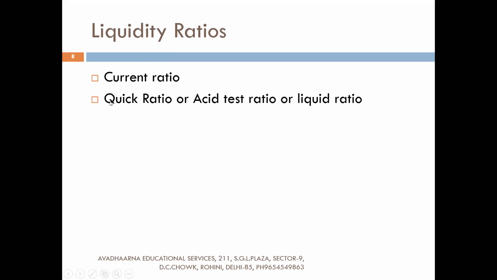And these are liquidity ratios. So we are going to study two types of liquidity ratios. First is your current ratio, second is your quick ratio. And as we discussed before, these liquidity ratios are helpful in evaluating the short-term solvency of the business.